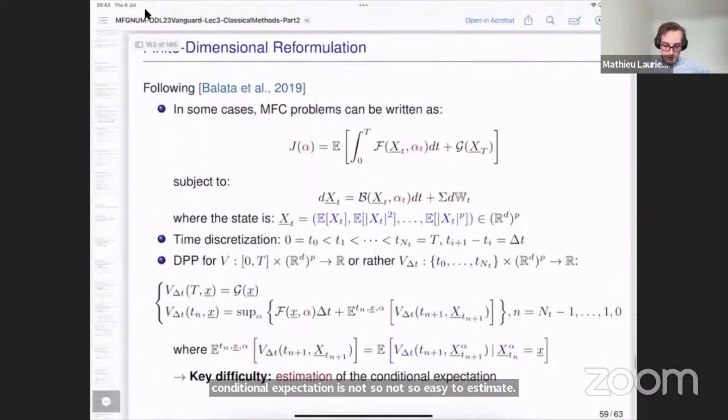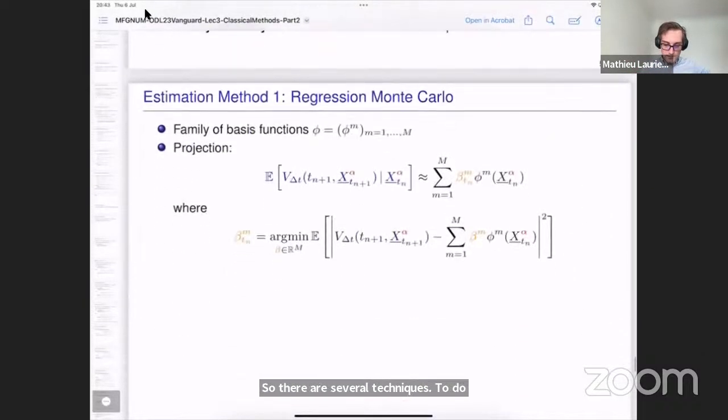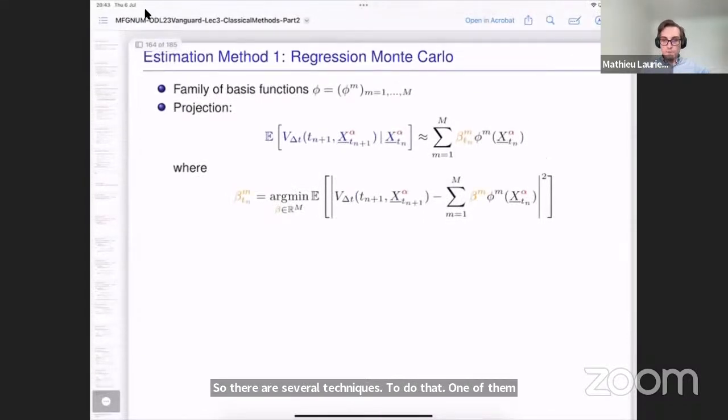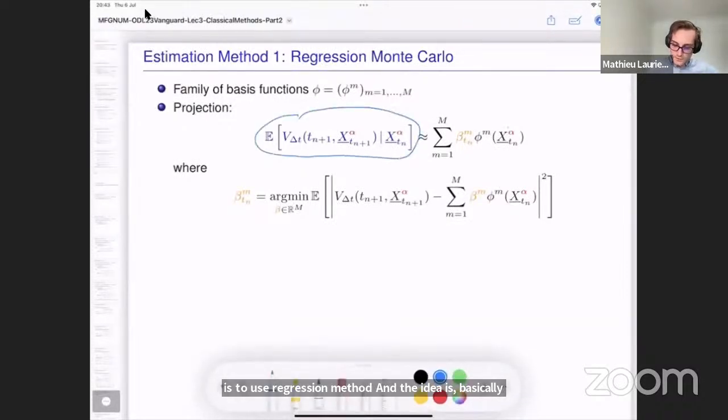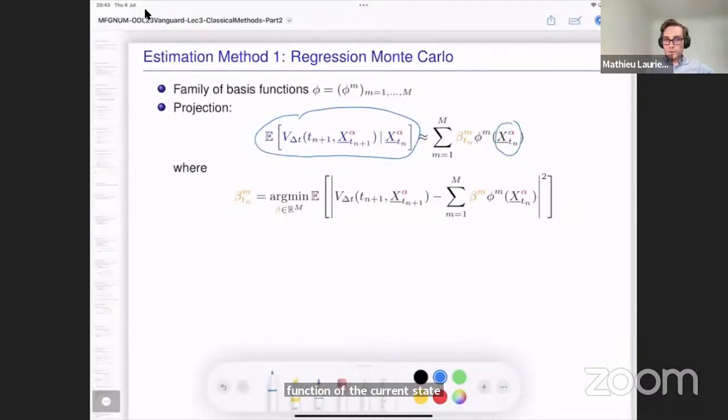So there are several techniques to do that. One of them is to use regression method. And the idea is basically this conditional expectation, you want to see it as a function of the current state, and you decompose it on a set of basis functions.